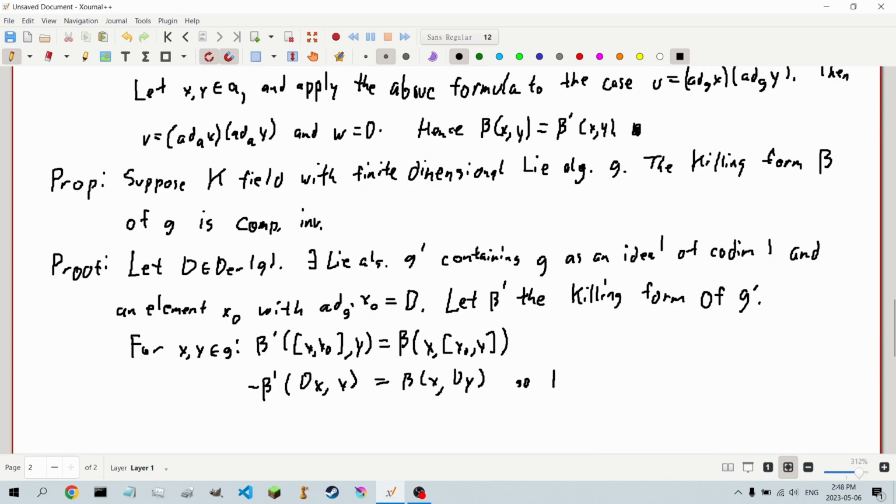So beta prime of dx, y plus beta prime of x and dy equals 0.